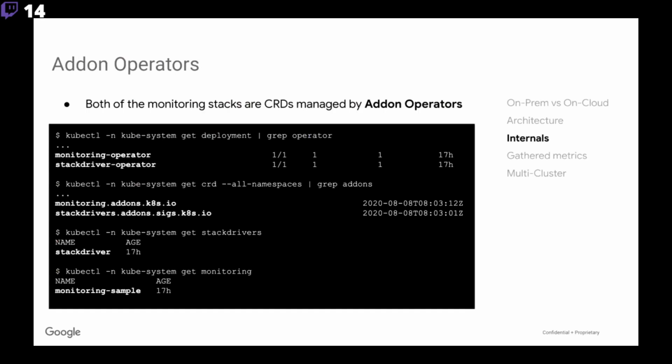All right, so how is this monitoring pipeline powered? Now the entire industry is moving to CRDs plus operator mode, and that's pretty much what we do for this kind of feature.